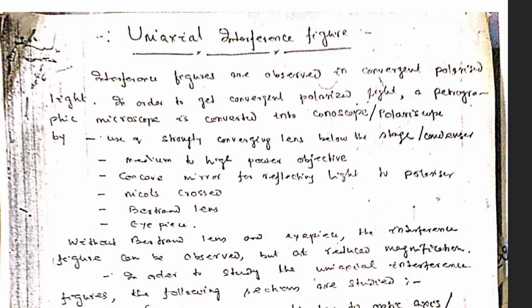In order to produce an interference figure, we use the conoscopic arrangement of the microscope, where a condenser is used. Through the condenser, converging light rays are produced, and by use of that, a figure is produced which is called the interference figure.